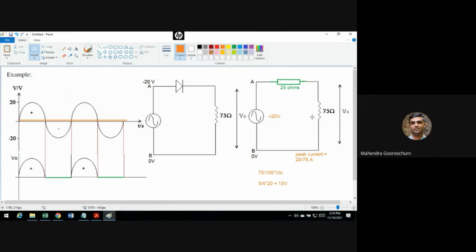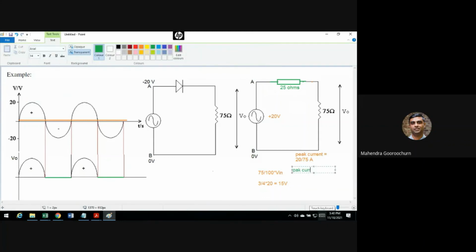Now, if you want to calculate the peak current in this case, the output voltage, you can do it by output voltage, or you can just take 20 divided by the total resistance, which is now 100. So the peak applied voltage here is actually 20 volts, but it doesn't appear only across the 25, it appears across both. So you can just add these two, you get 100 ohms, and then take 20 divided by 100. Yep. So this is your peak current.